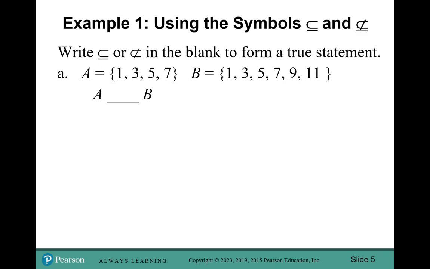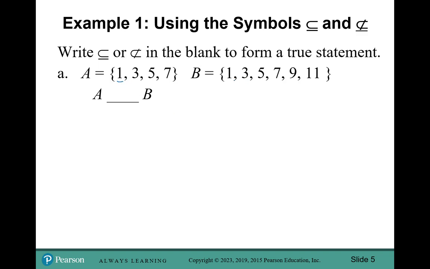So let's look at sets A and B. Set A here is the set 1, 3, 5, and 7. Set B is 1, 3, 5, 7, 9, 11. We have to ask ourselves, are all of the elements in the set A also in set B? Let's check.